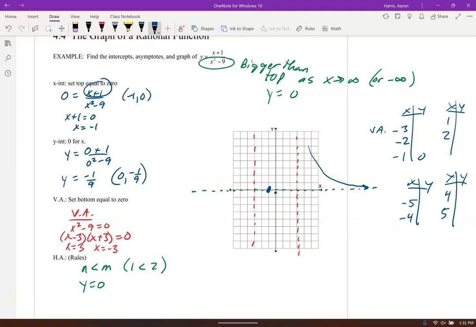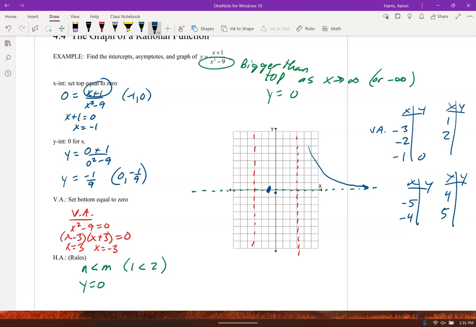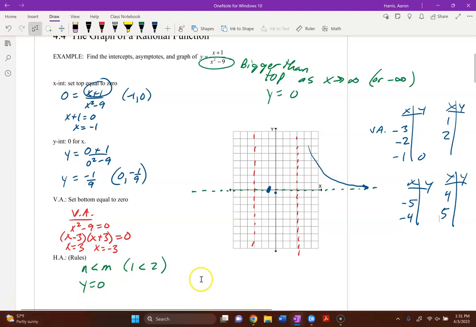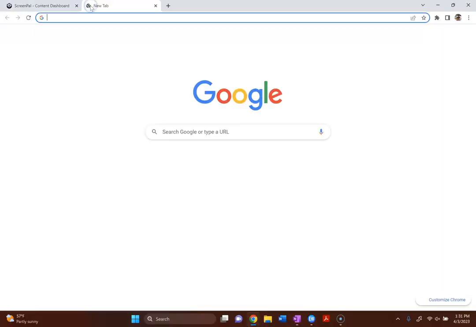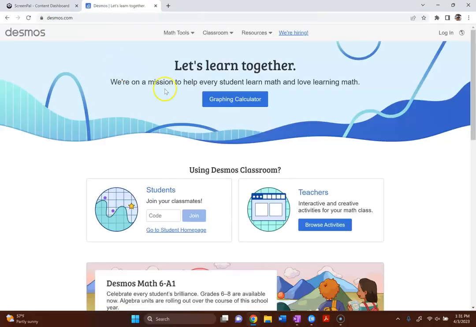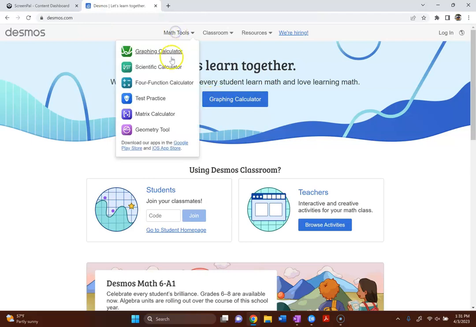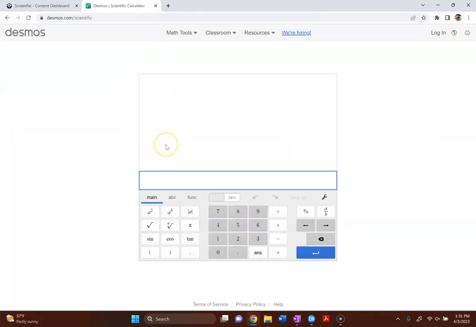In fact, we could be a little bit lazy and we'll even let our calculator do it for us. (x + 1) over (x squared minus 9), right?